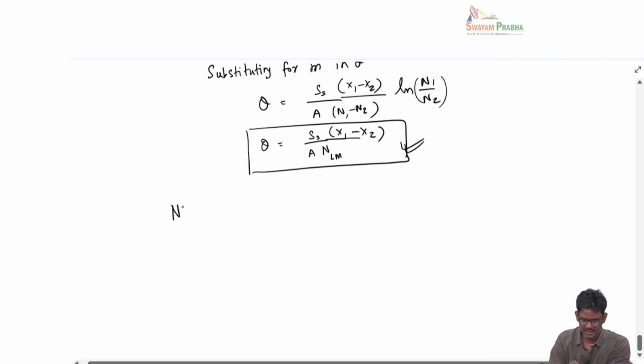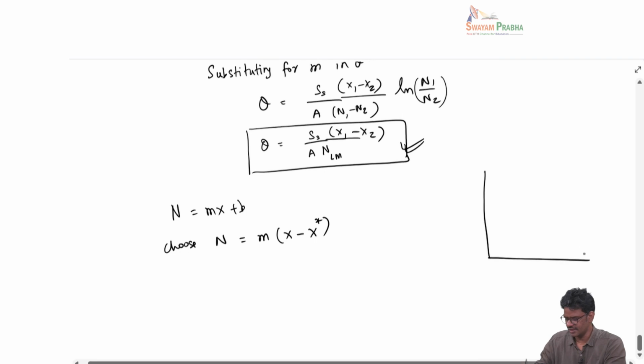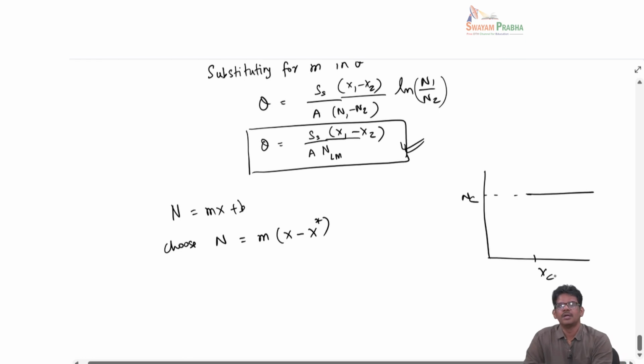So instead of writing n is equal to mx plus b, you can also choose to write n equal to m times x minus x star. What this means is you have a drying curve where you have a constant drying rate NC up to some critical moisture content XC, and then down to the equilibrium moisture content, it is a straight line.